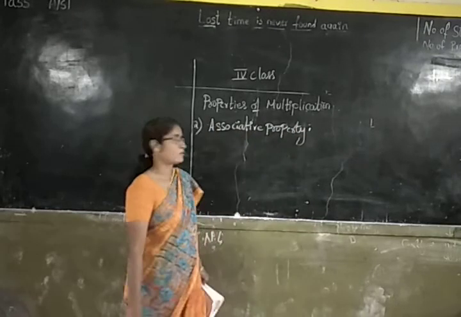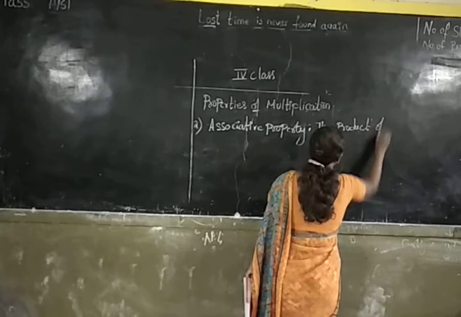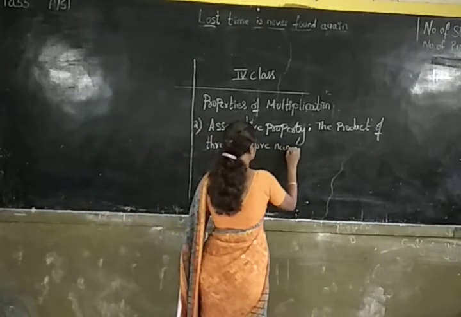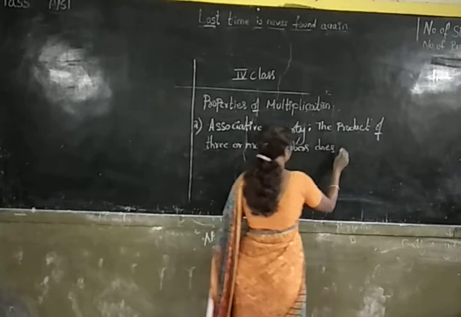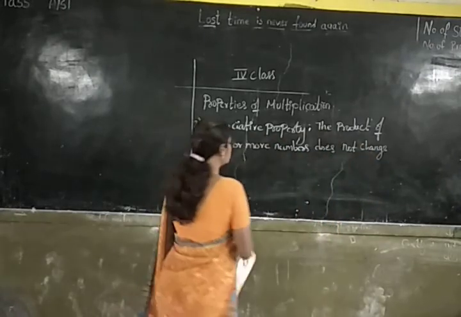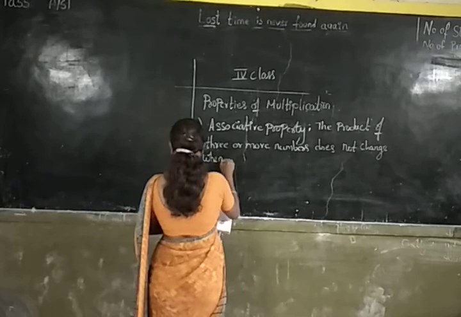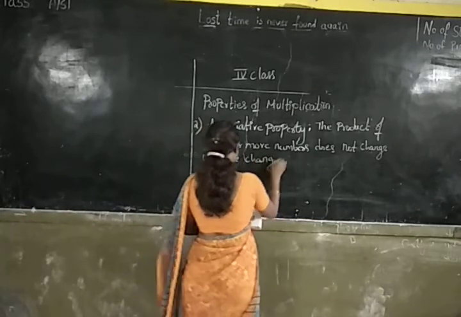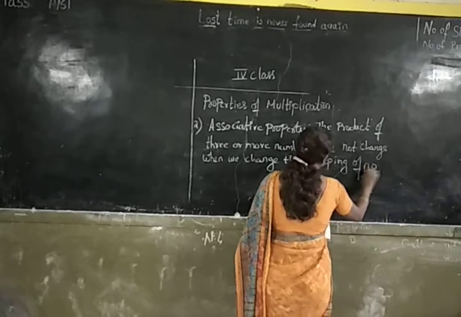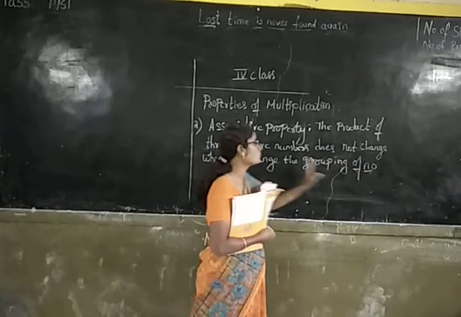According to the associative property, the product of three or more numbers does not change when we change the grouping of numbers.